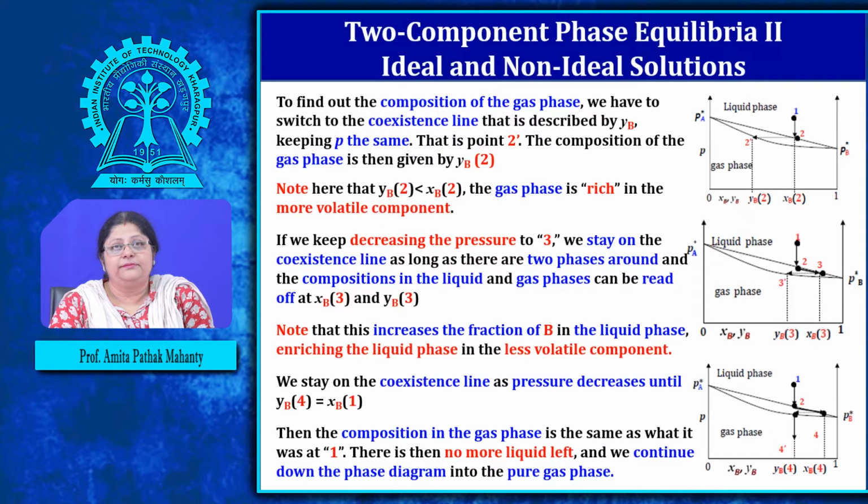We started with some composition, and when we come down to point 4, at 0.4, this is such a point where the mole fraction of component B in the vapor at the fourth point is equal to the mole fraction of component B when it was in the liquid state, 0.1.